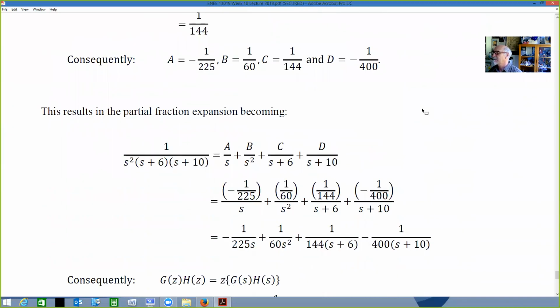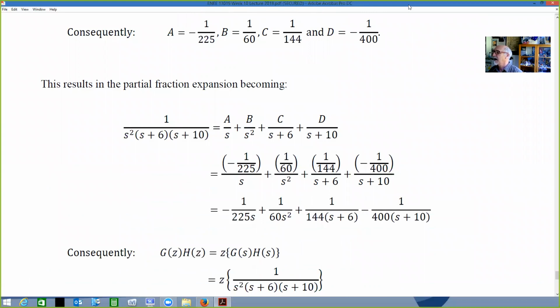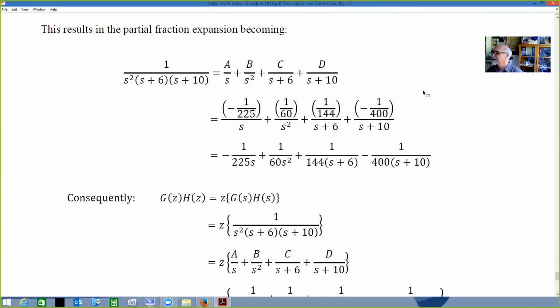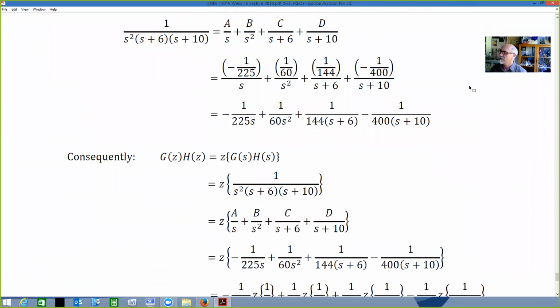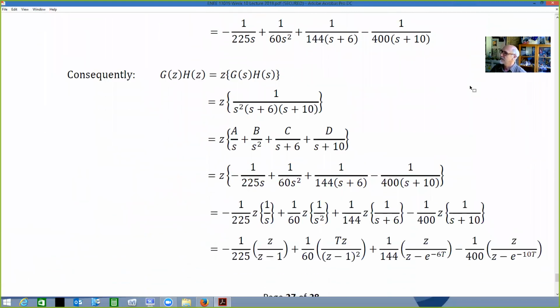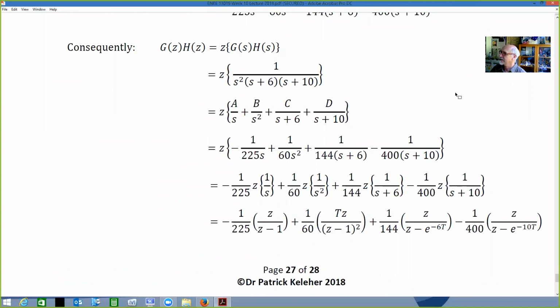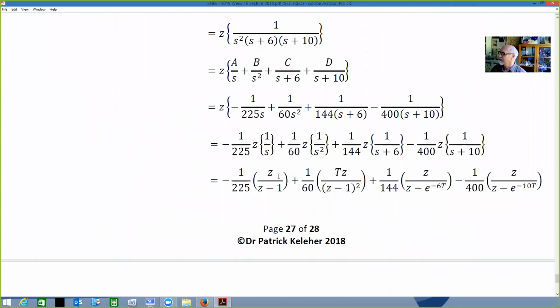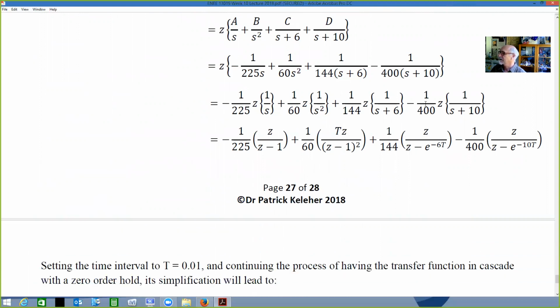So now we can plug that back into our equation for our partial fraction. Our partial fraction looks like this, and then, just as we've done beforehand, we need to take the z transform of that. As we look up our z transform table, it ends up with that form.